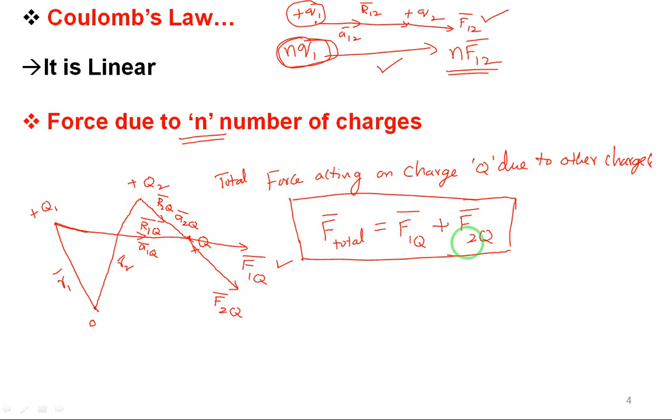By the principle of superposition I can just go on adding. If there are more charges, then F3q, F4q, F5q and so on till Fnq. If there are a number of charges I can continue and expand this equation by making use of the principle of superposition.